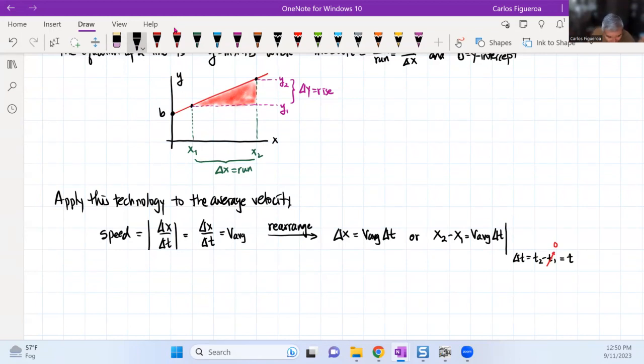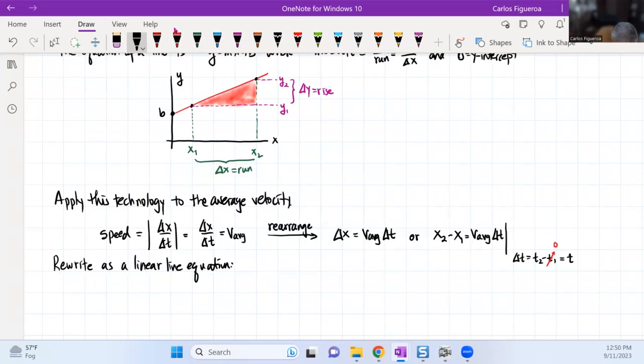So if I now rewrite this as a linear line equation, here's what we get.